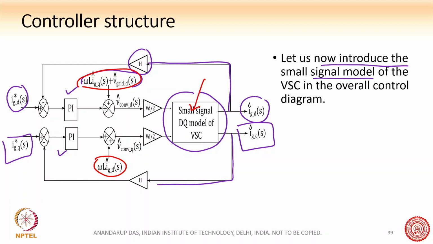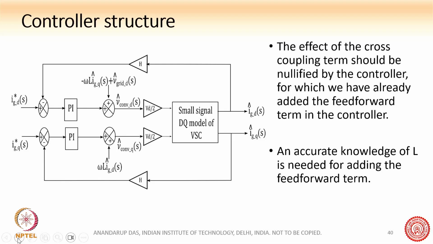The plant is present, and with this we can design the compensator values, the KP and KI values. So this is the overall control diagram. What is important here is that once these feed forward terms completely cancel the effect of the cross coupling terms, it can be nullified by the controller.